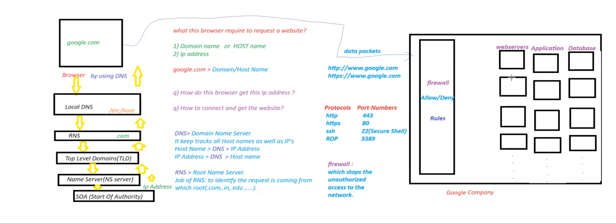To send that request to a particular web server, who should take care of it, sir? Who should take care so that the request will be sent to this web server, or this one, or whichever web server is free?